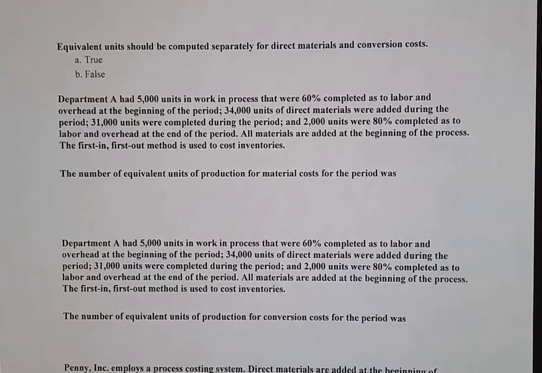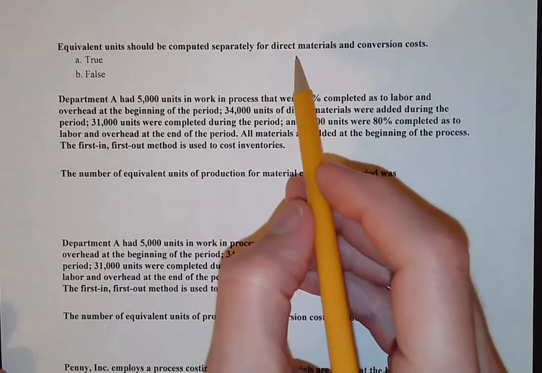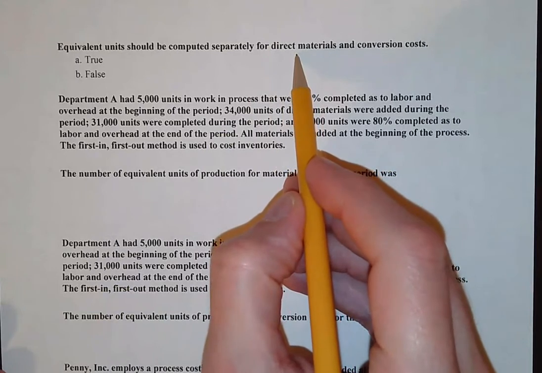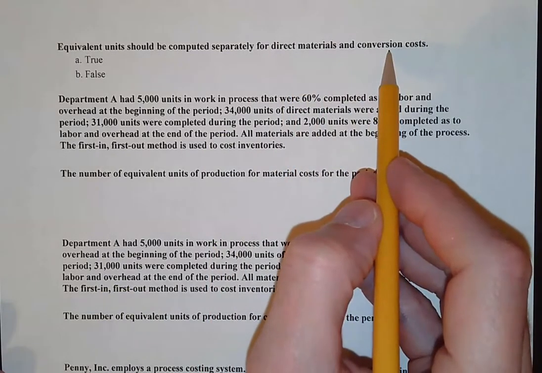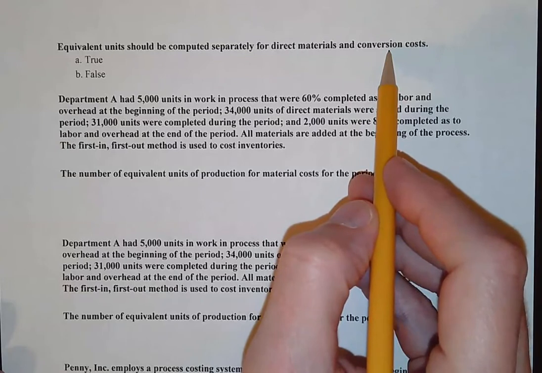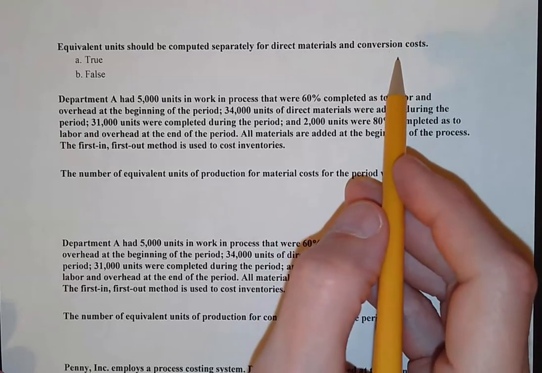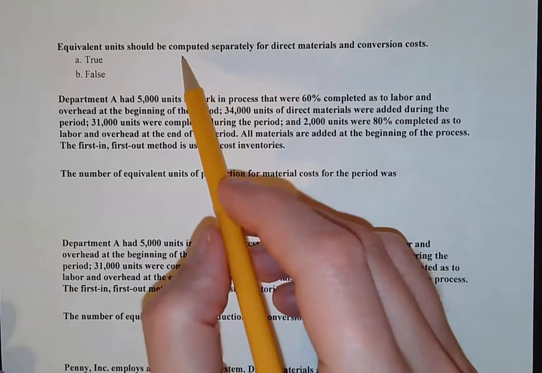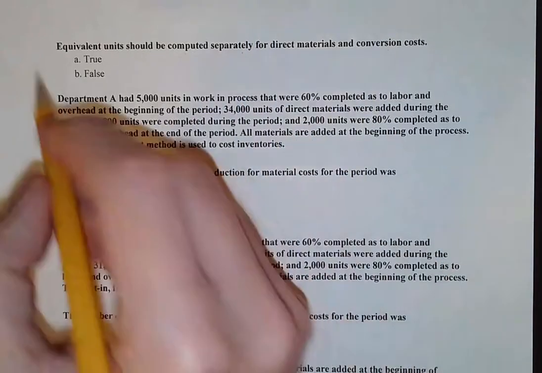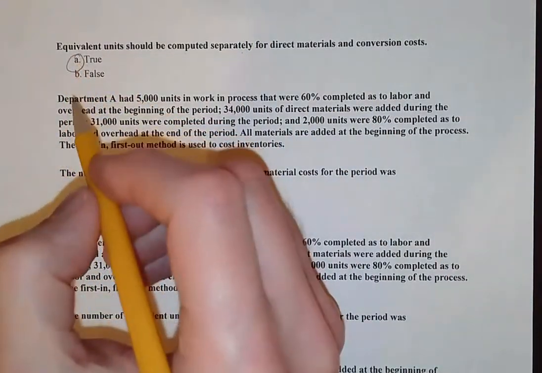We said it's a false statement that after we compute equivalent units for direct materials, we would use the same number for conversion costs, being direct labor and applied overhead. So we said that we would not do that. Well, now we're saying we should compute them separately? Absolutely.